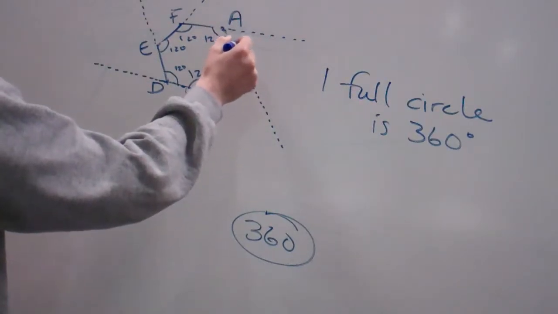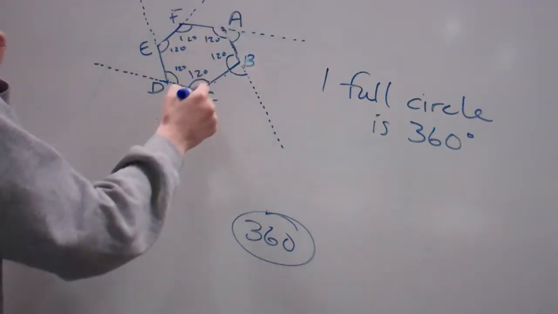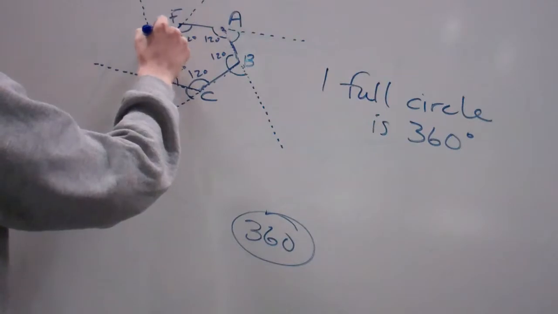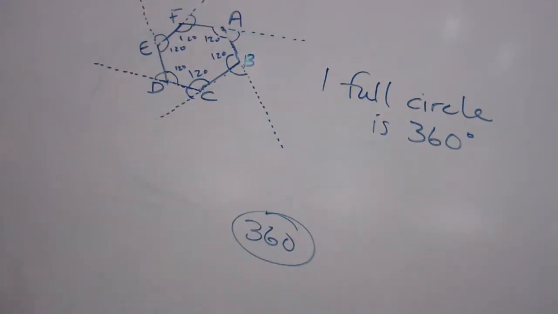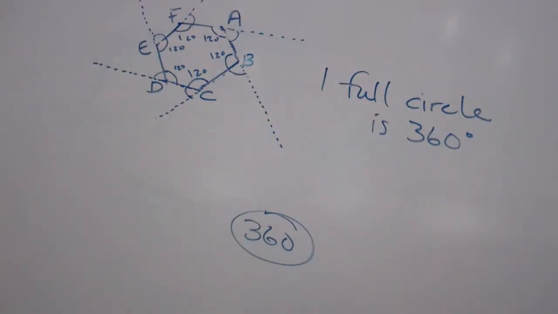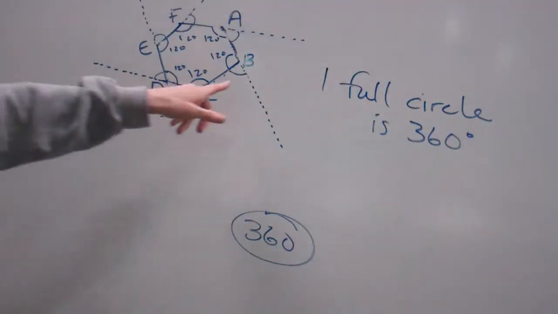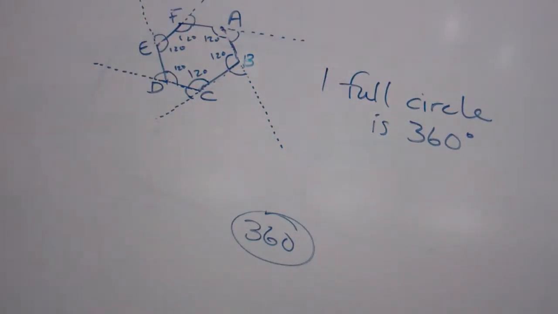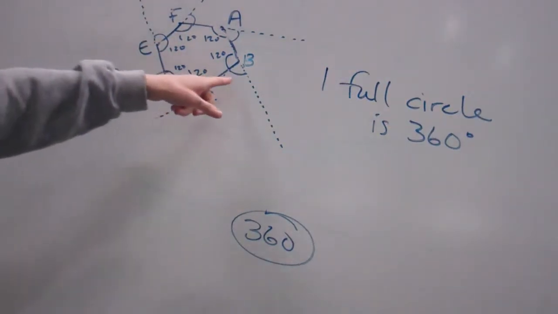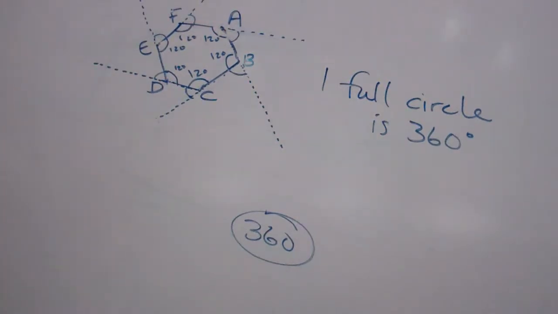But how many times did I turn? 1, 2, 3, 4, 5, 6. I turned 6 times. So instead of walking continually and not turning at B, I would have kept going straight, but this time I'm going to turn. How much did I turn to then begin walking from B to C? 60 degrees, okay? Each time I turned my body 60 degrees. So that is how you determine the exterior angle.